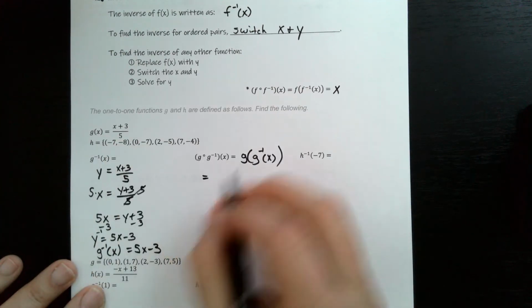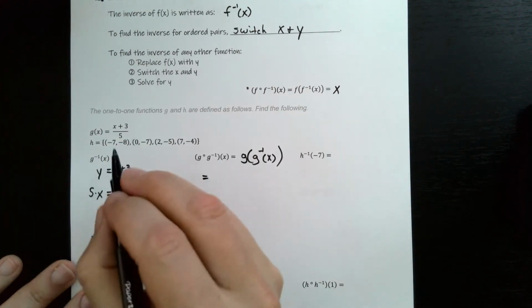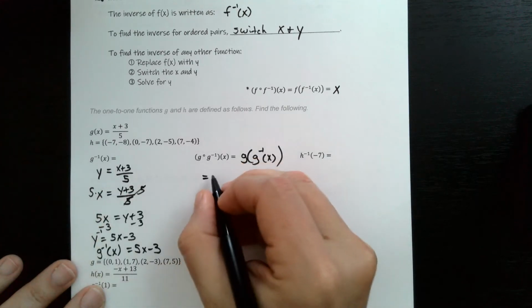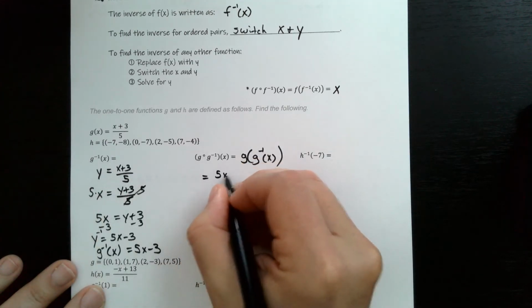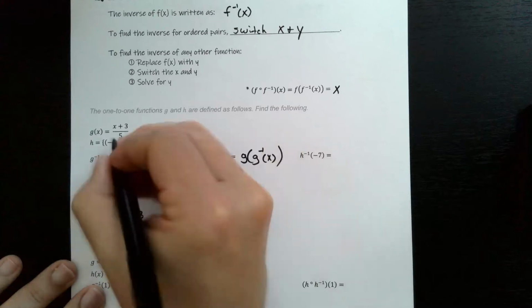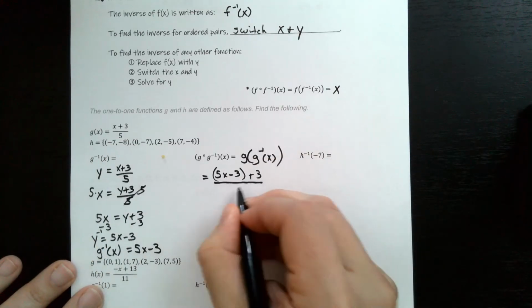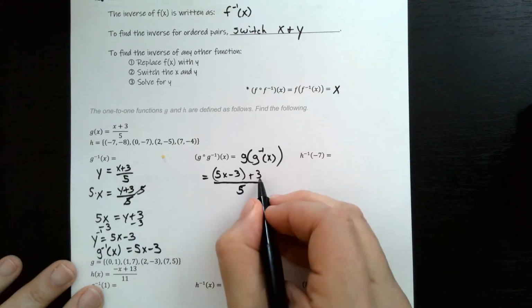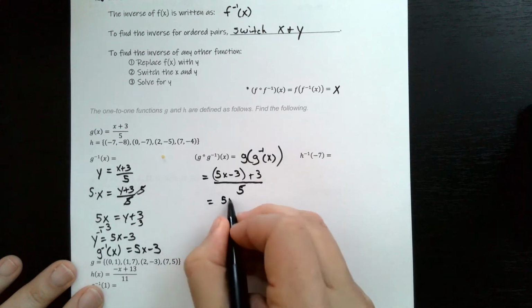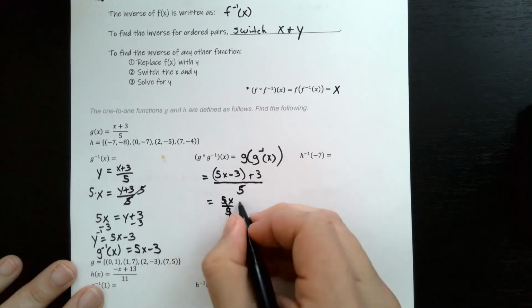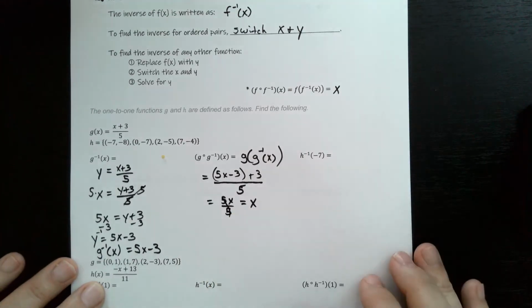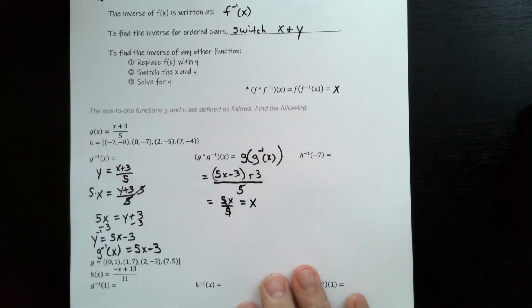So that's going to be 5x minus 3 goes right here. So 5x minus 3. And then we write the rest of this, so plus 3 over 5. Okay, so you got your minus 3, your plus 3 there, so that's 5x over 5. Cancel those out, you get x, which you should get. If they are actually inverses, you will get x.